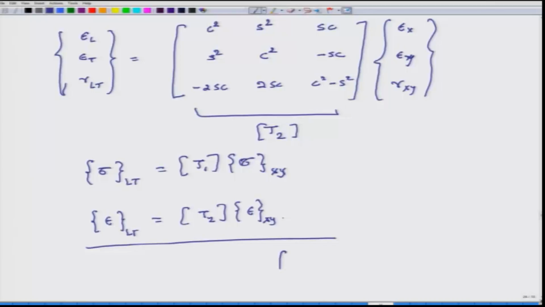Both stress and strain were in the LT coordinate system, because we had always said that this relation is for especially orthotropic materials, which means the material axes are aligned with the loading axes. But the question is, can we have a similar relation for a generally orthotropic material? That is something we will discuss now.